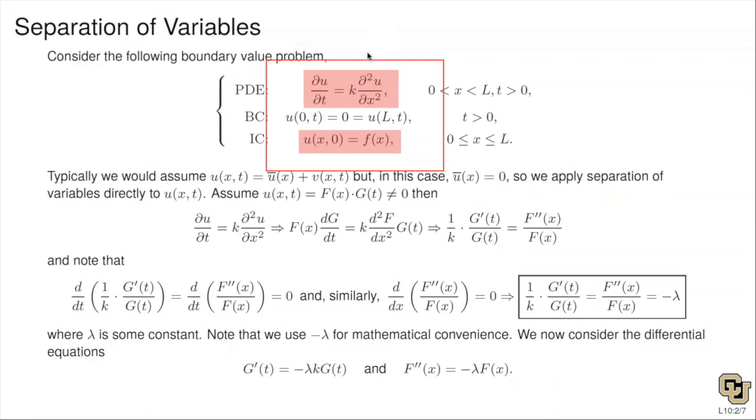But the only thing that'll be different will be the boundary condition. For example, we might have insulated boundaries on both ends, like I mentioned, so partial U, partial X equals 0 on both ends, or maybe one side is insulated but not the other. The only part we're going to change is this boundary condition, but that's going to cause the solution to look completely different.